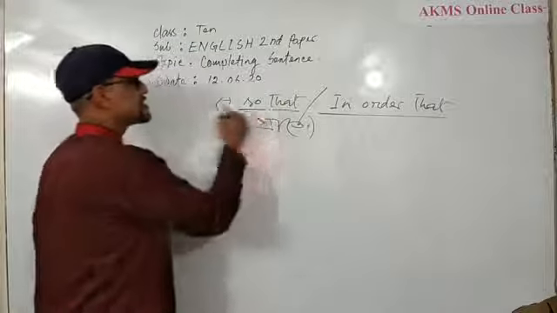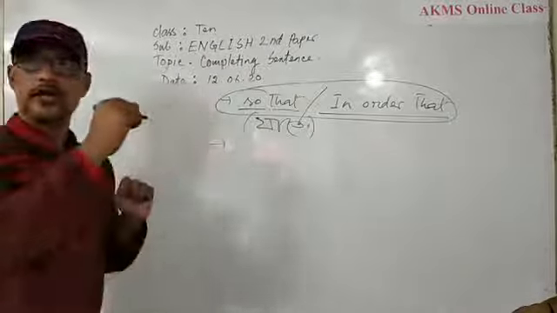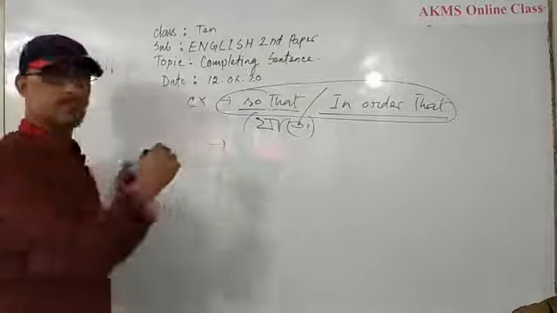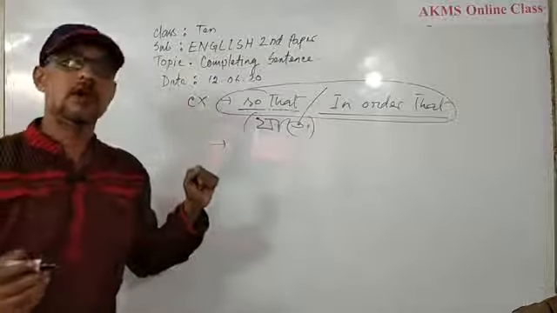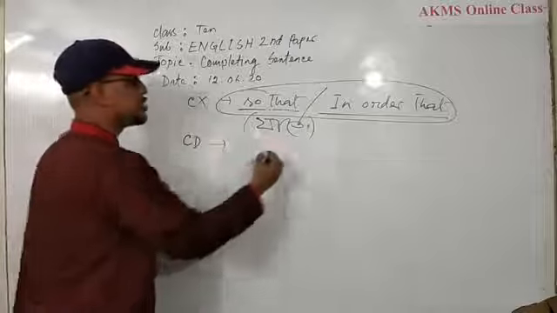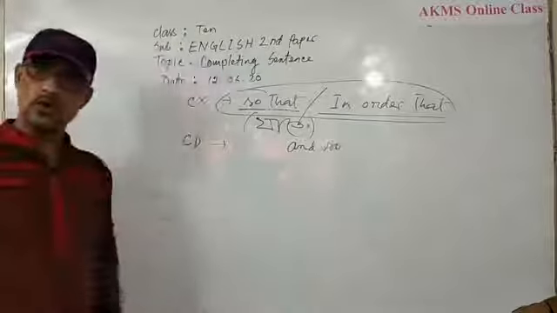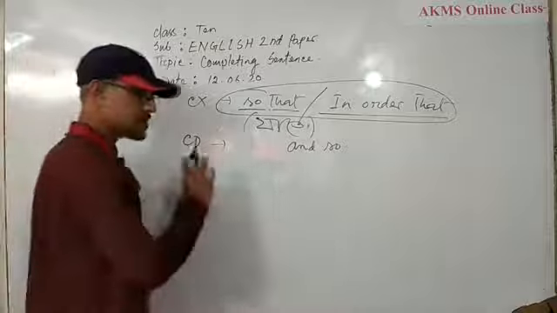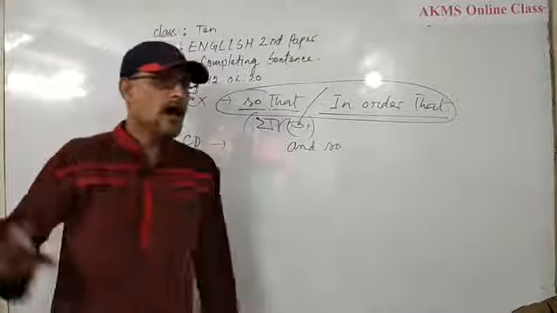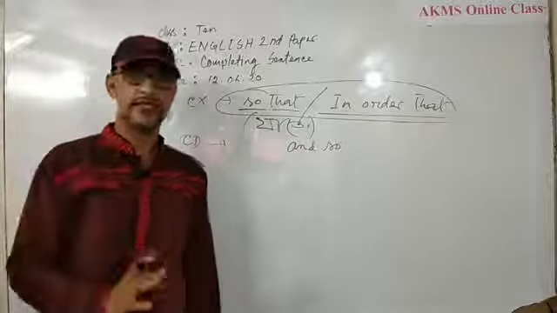If the sentence joins with so that or in order that, it will be complex sentence. Whenever you will transform it into compound sentence, you will use and so. Okay, dears, I have already given you some information about simple, complex and compound.